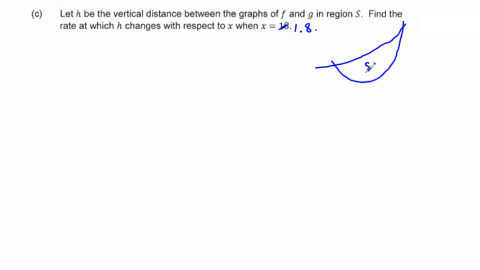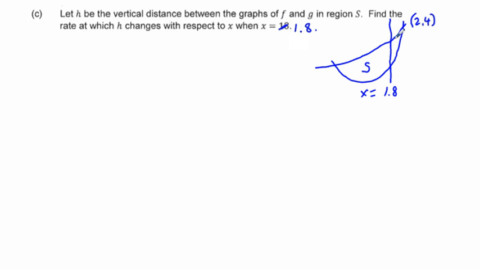This is 2 comma 4. So 1.8 is going to find itself right over here. So if I just draw a little vertical line for x equals 1.8, you're comparing these two slopes, is what it looks like.